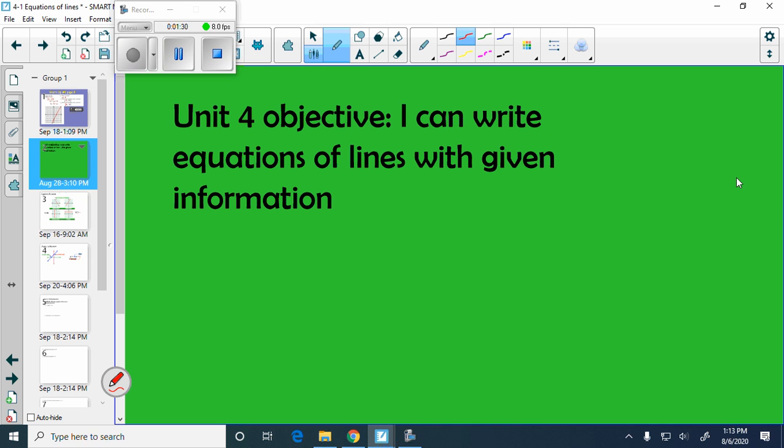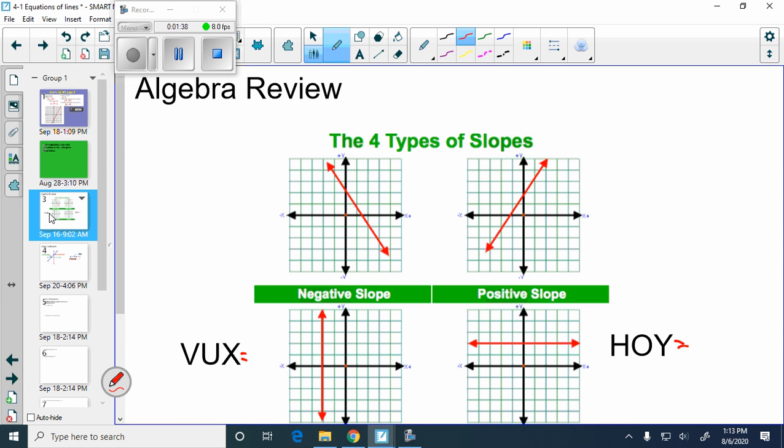The objective of this topic is to write equations of lines with given information, and this will start us off with a brief review from algebra of the types of slope. First of all, if we've got a negative slope, it goes downhill like this, and a positive slope goes uphill when I'm looking from left to right.